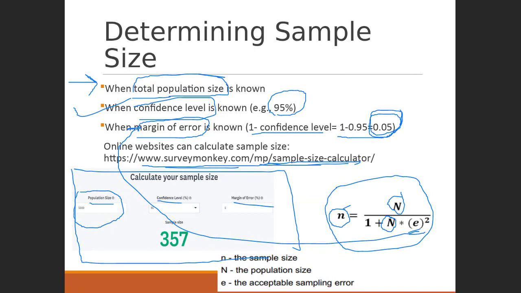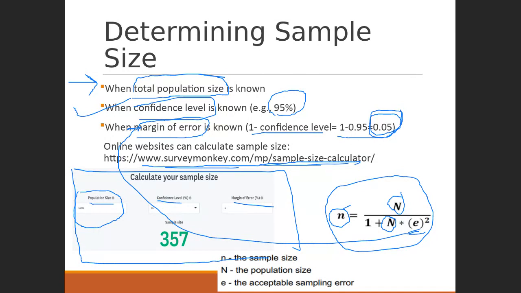So for instance, if you're doing research in WKU, your research population is WKU students. Because your research population is confined within a university, you can know the total number of WKU students. For instance, if the total number of WKU students is 5,000, and you want to be 95% confident that your results drawn from the sample reflect your population, that gives you a margin of error of 5.